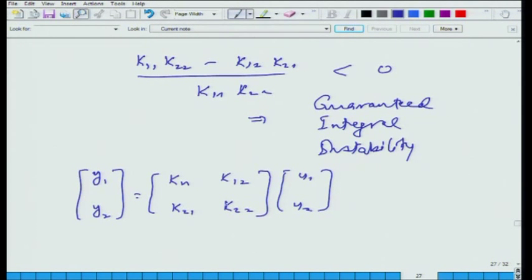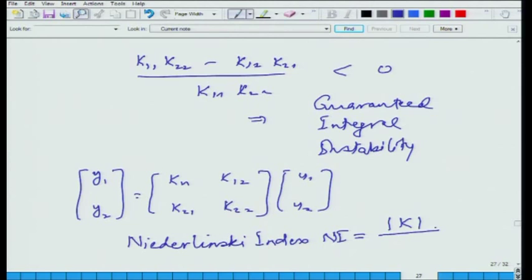So we define the Niederlinski index as equal to the determinant of the gain matrix for the pairing that you are recommending or testing, divided by the product of the diagonal terms.